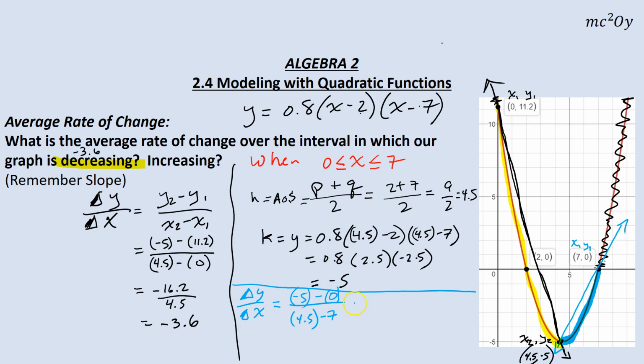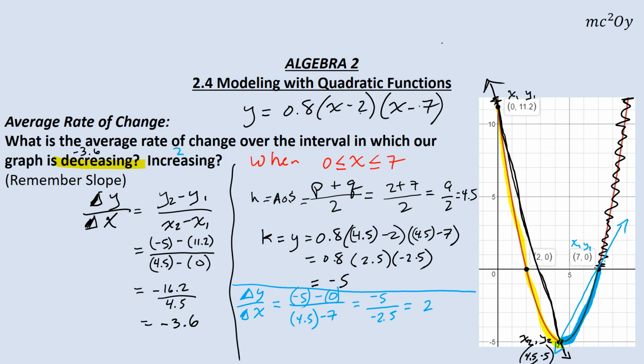Looking at that, you end up with negative 5 over 4.5 minus 7, or negative 2.5. And that gives me a slope of 2. All right, so it's increasing. My rate of change is 2.